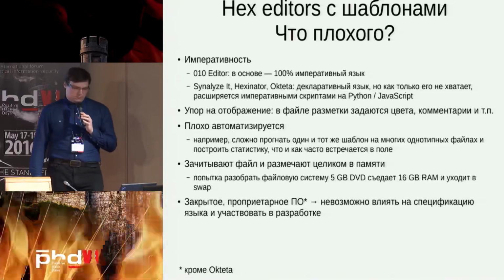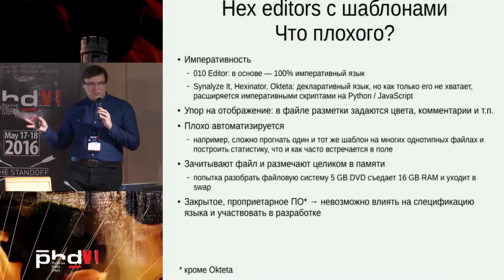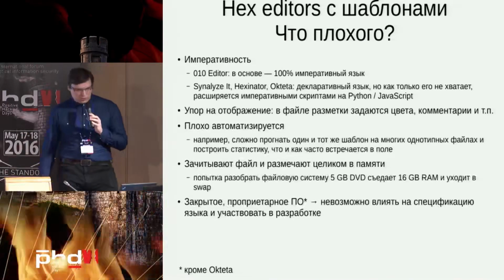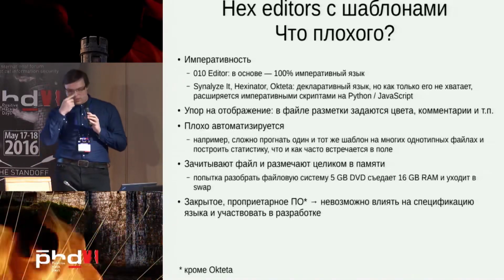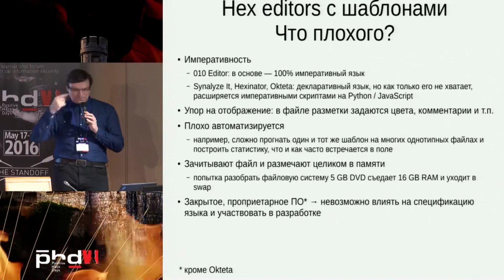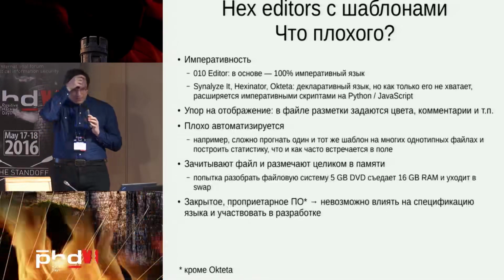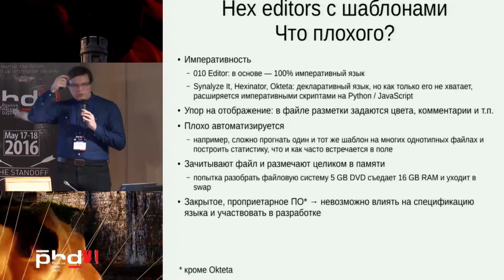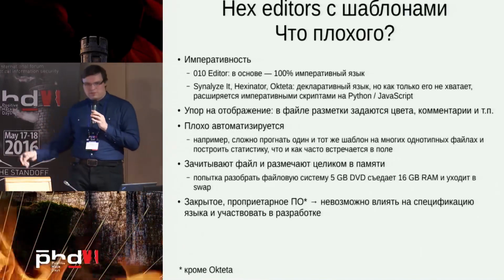The first and most important thing is the imperative character. For 101, it's 100% imperative. It's a C-like language, as we've just seen. For most others, there are attempts to implement a declarative language, but once it lacks functionality, developers solve the problem in a very simple way.